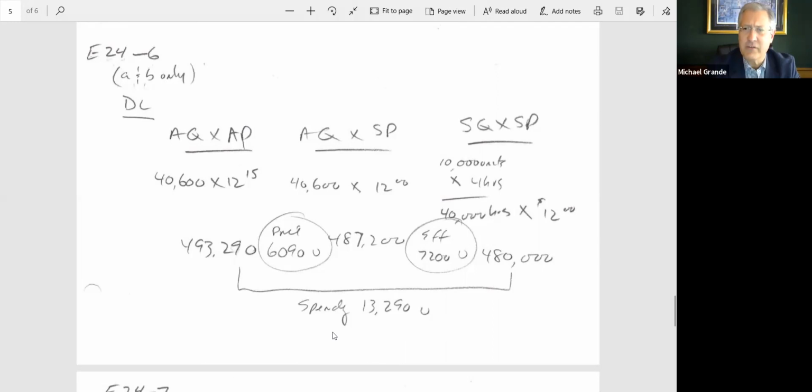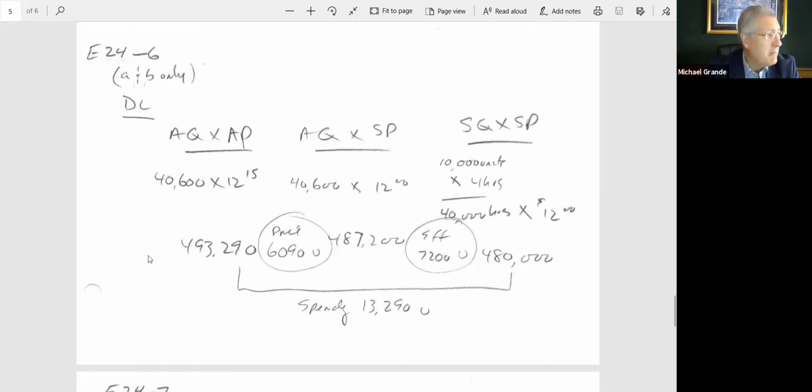But what was the cause? Did they pay their employees too much? Or were they inefficient? Did they use too many hours? We don't know yet. So we need to look at this middle column here, AQ times SP, the actual quantity, 40,600 hours times $12 an hour. This middle number is $487,200. Now we can calculate price and efficiency. Let's look at the price variance first.